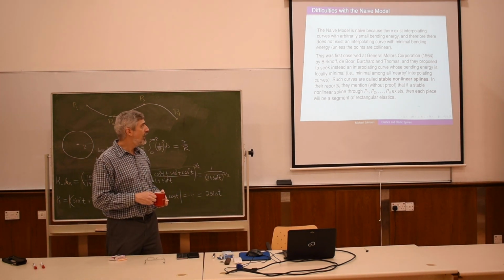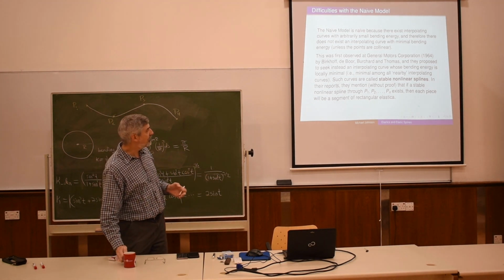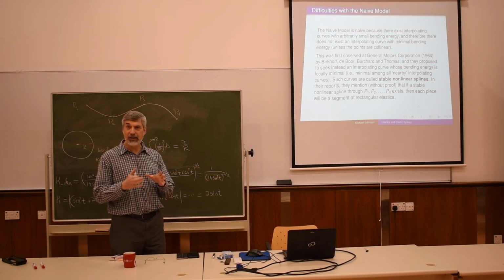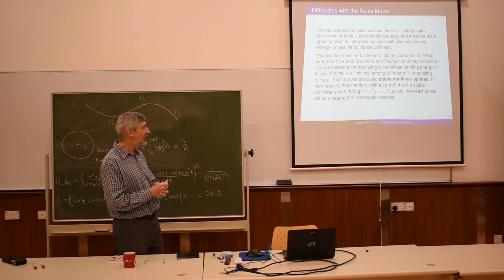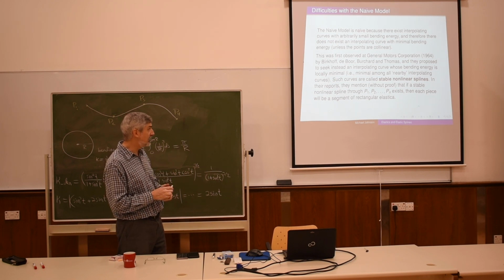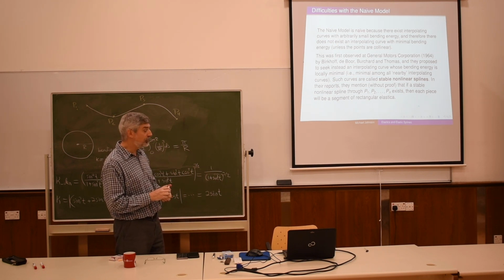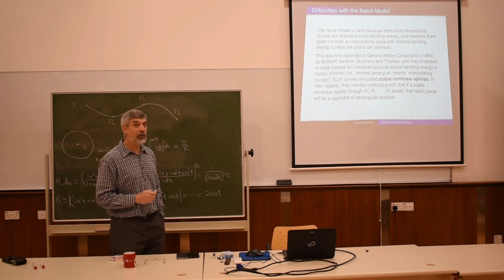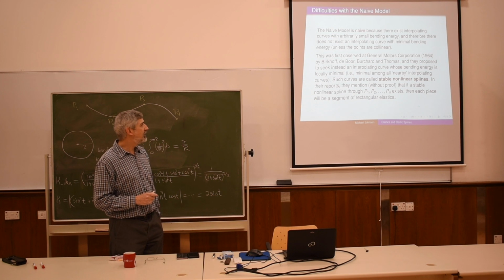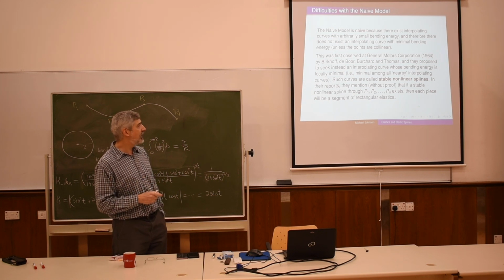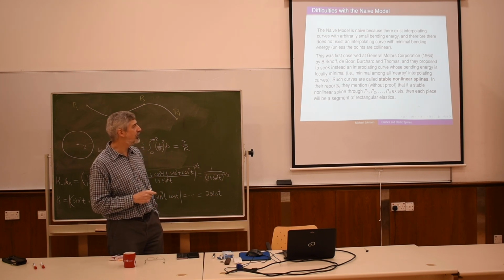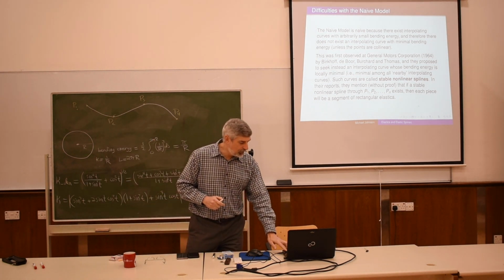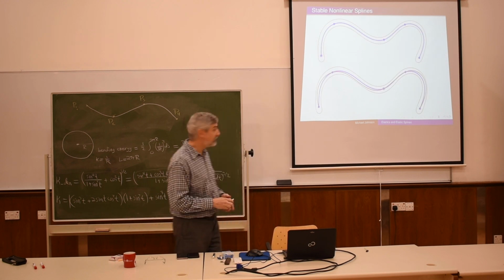But this spline, the draftsman spline, if it's going to minimize the bending energy, it's a nonlinear thing. So they call these nonlinear splines, or specifically a stable nonlinear spline. And in their reports, they mention, without proof, that if a stable nonlinear spline through the points exists, then each piece of the spline will be a segment of rectangular elastica.